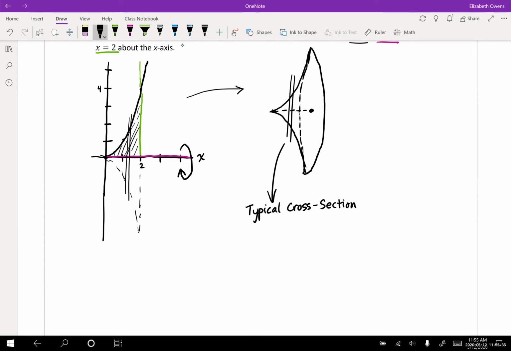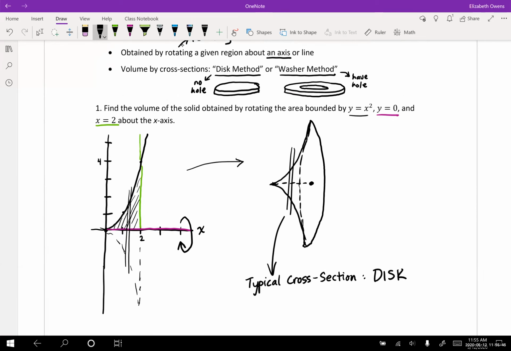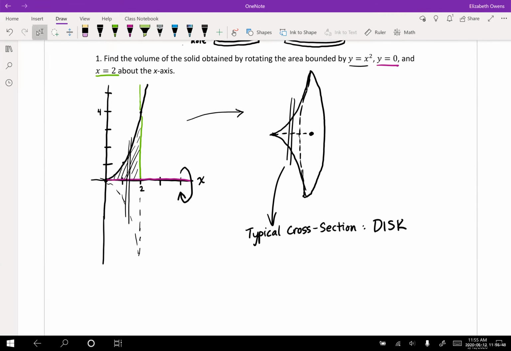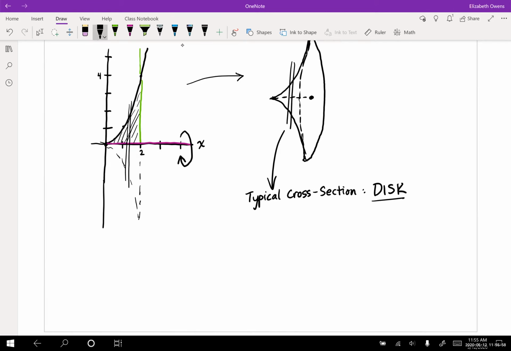Since this is fully shaded in and it's a solid object, we call this a disc. So this is the disc type and not the washer type. There is no hole in this horn. It's solid all the way through. Okay, so this is a disc, and it would look something like the little penny-type shape we had drawn before.